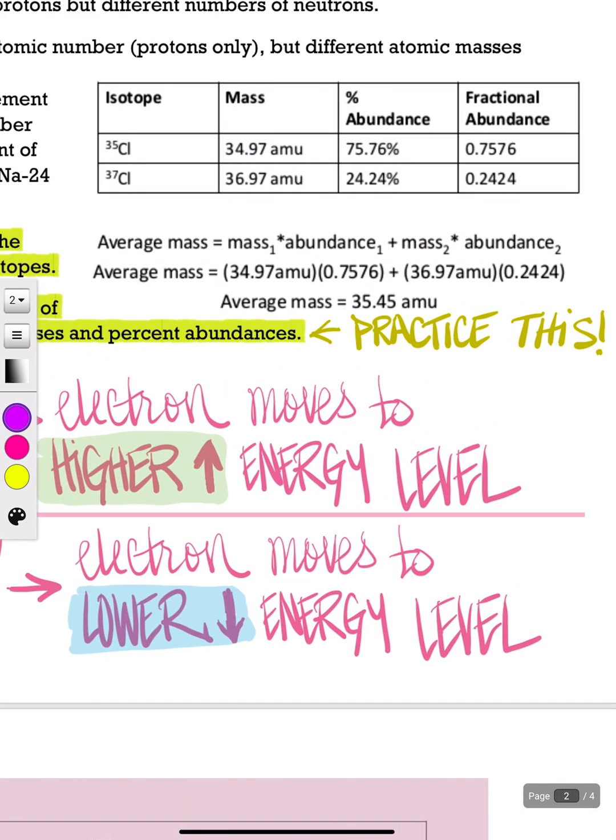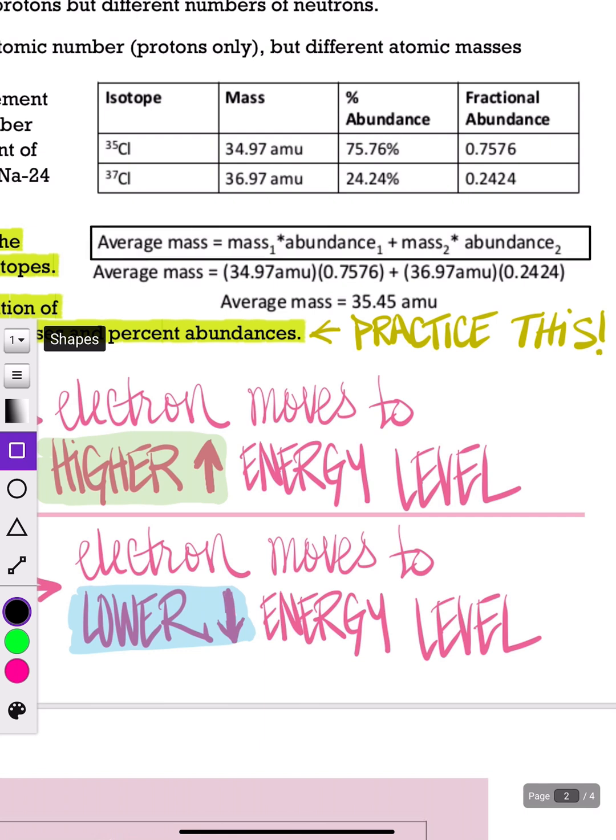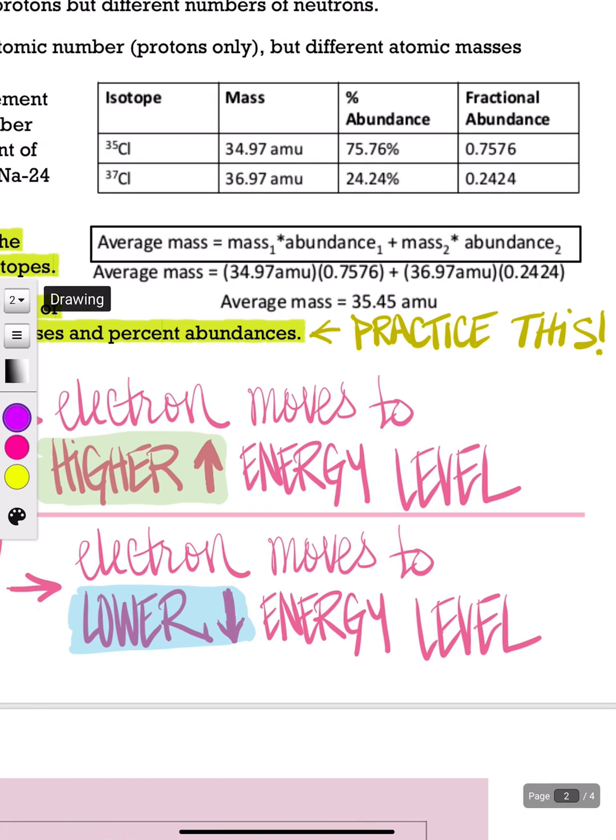We use this equation. So we took the mass of an isotope, multiplied it by the fractional abundance. So we converted that percent into a decimal and then multiplied it. So here you have an example of what we did in class.